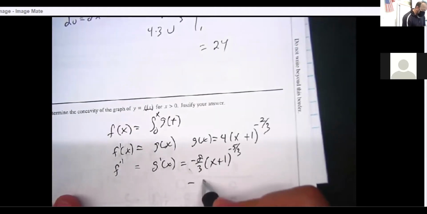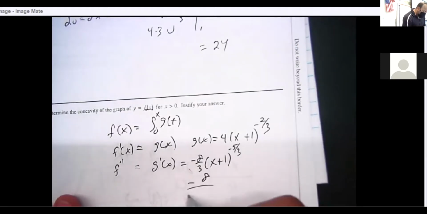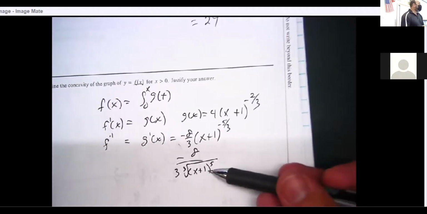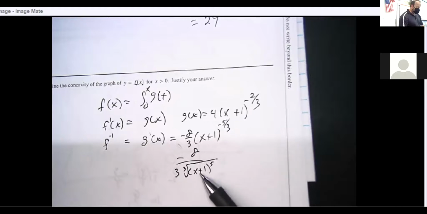Now, here's the part that's a little bit interesting. You don't really have to do this, but I chose to, because that means this is the cube root of x plus 1, to the 5th power, right? Did you have to write this? No, I just felt it would be easier. So as long as x is positive, what kind of root are we going to get?